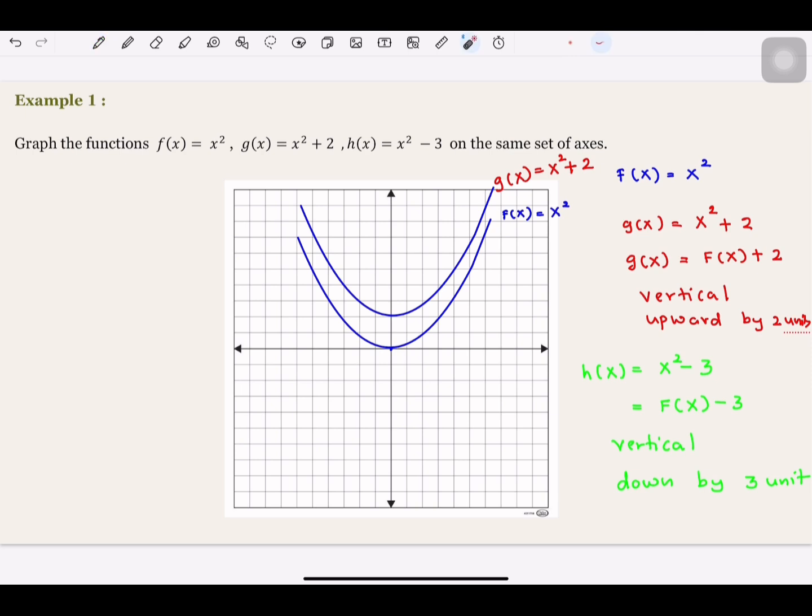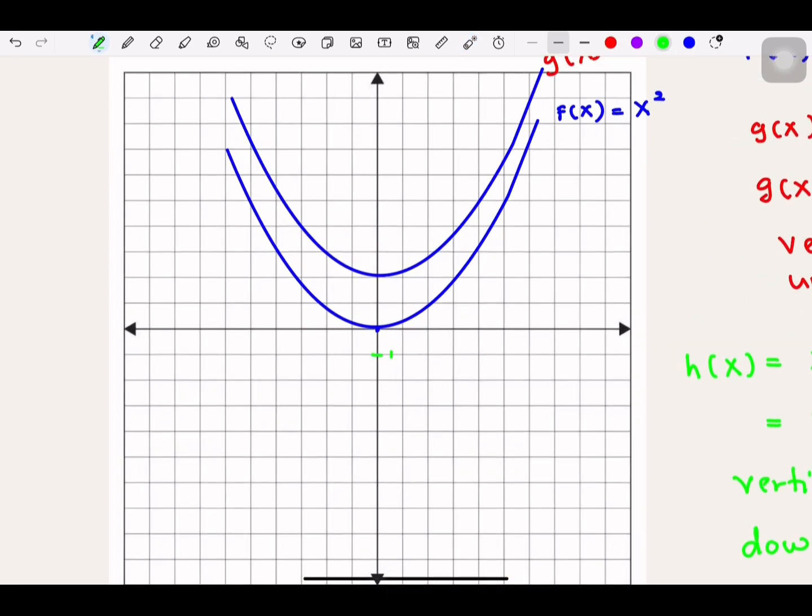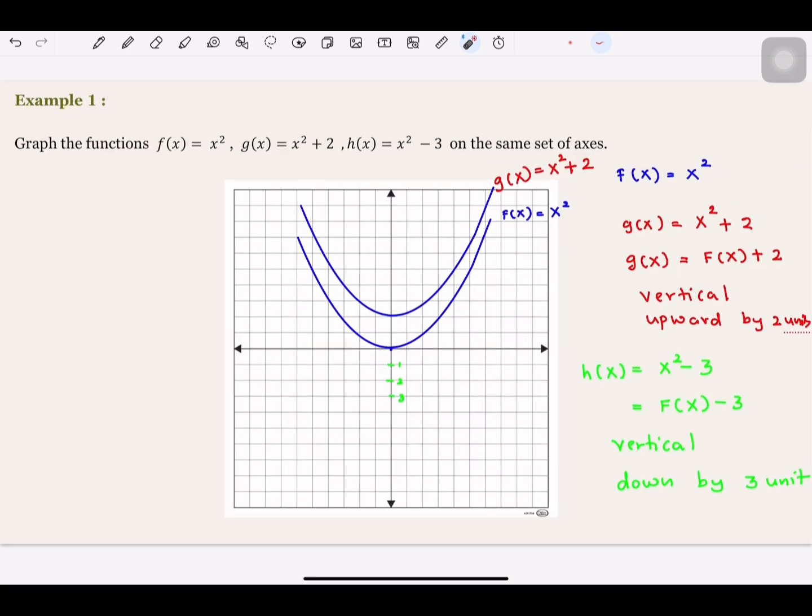So now we have to take our f of x and we have to move this 3 units downward. So here the units are from here to here just 1, from here to here it's 2, and here to here it's 3. So if you move this same exact function by 3 units, you will get your h of x. You don't have to do the calculation.